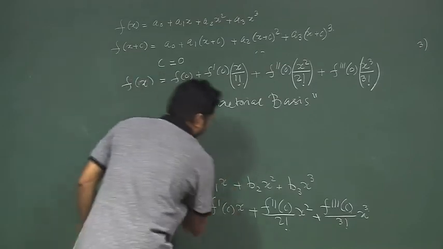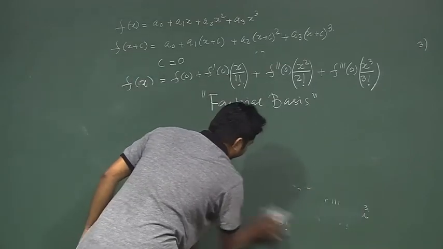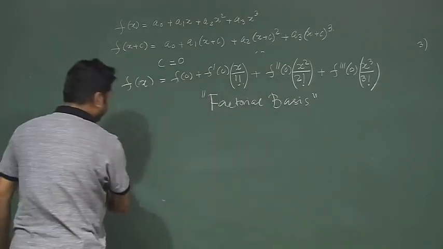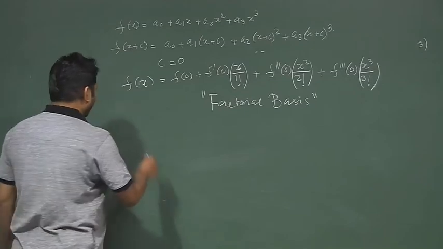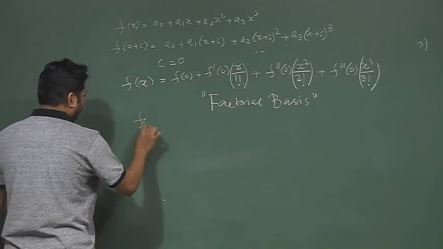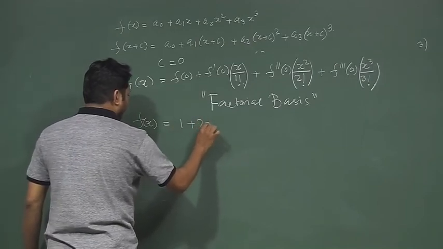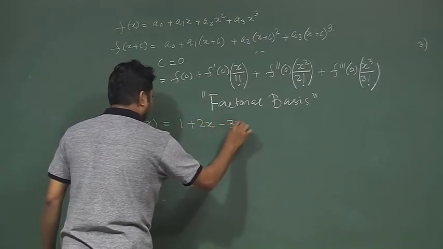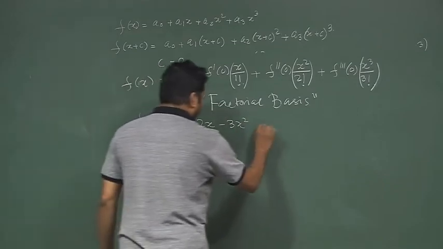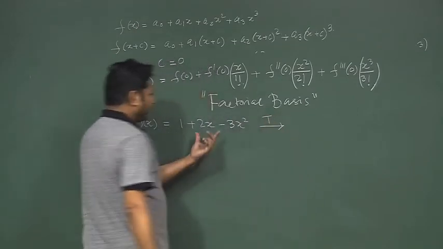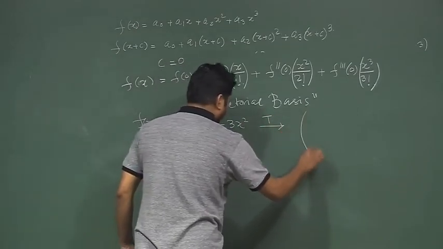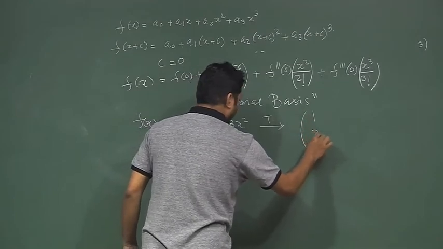A quick example. I will not do this problem entirely, it will be used as homework, but it is very simple. f(x), for example, is 1 plus 2x minus 3x square. If I make the mapping over that, what will be the vector form? The vector form is straightaway 1, 2 and minus 3.